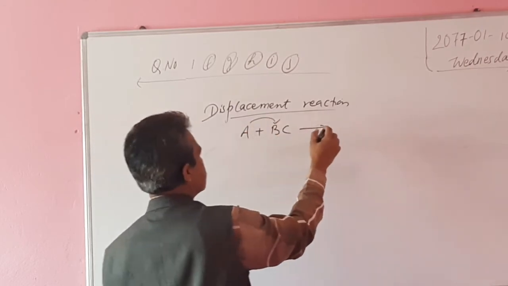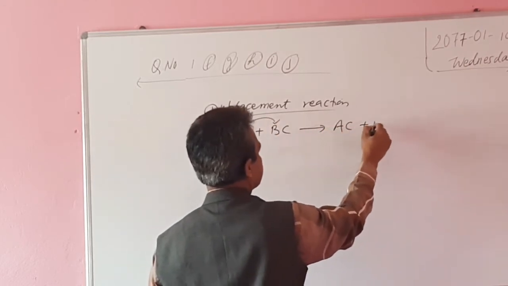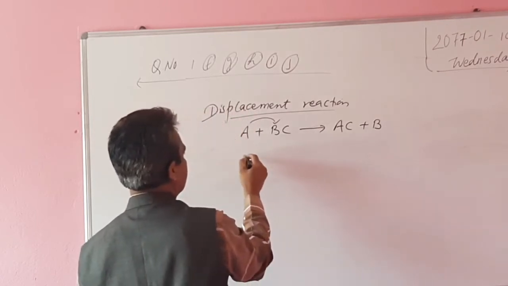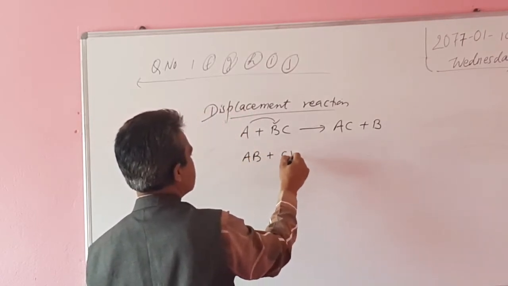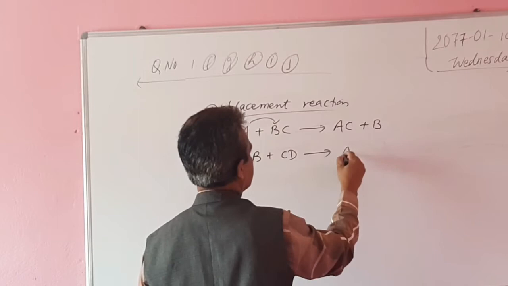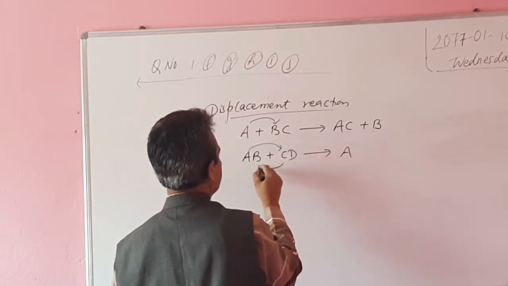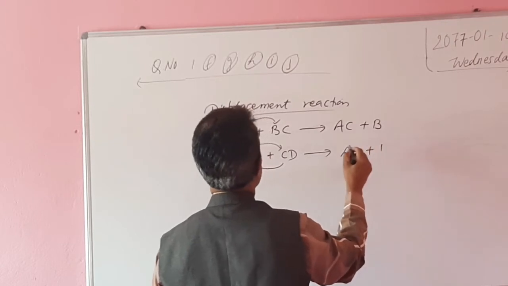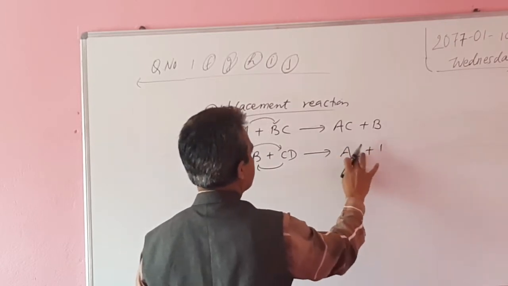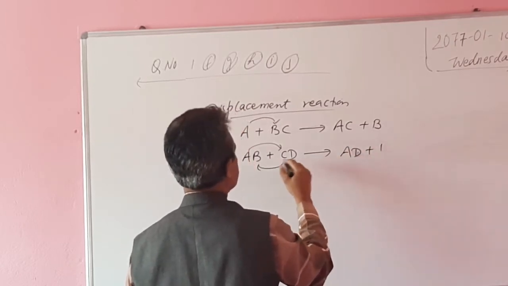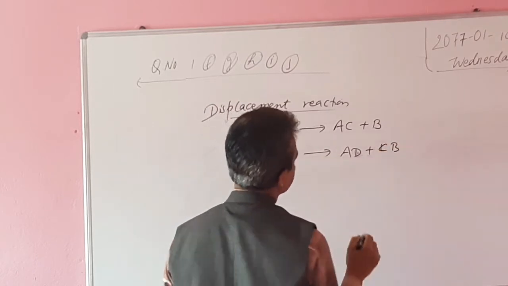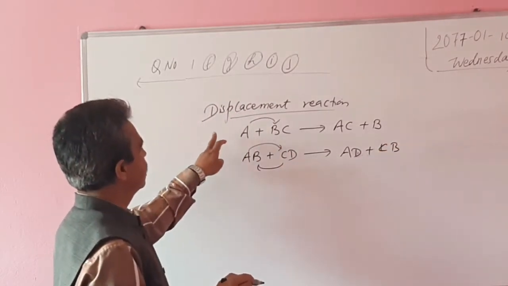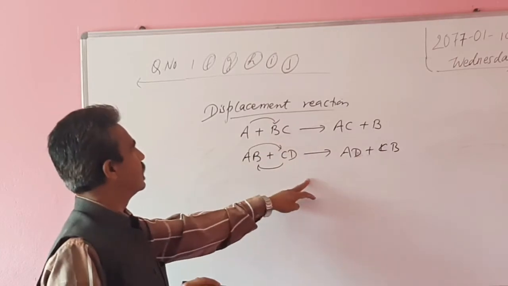A displaces B and new combination AC plus B, or AB plus CD gives AD plus CB, new combination in this way. So this is the representation of displacement reaction.